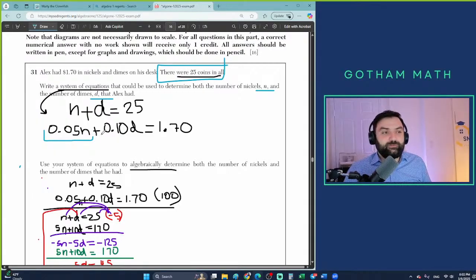So you need to know that nickels are 5 cents, so 5 cents, 10 cents with a D equals $1.70.